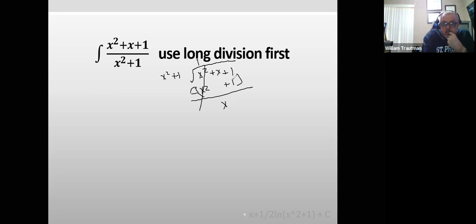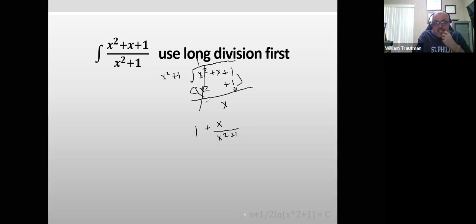And 1 minus 1 turns to 0. So that cancels out. So this is what we're left with. Do you see? We're left with 1 with an x remainder. In other words, our answer looks like this: 1 plus x as a remainder over x squared plus 1. And you always put the divisor underneath the remainder.